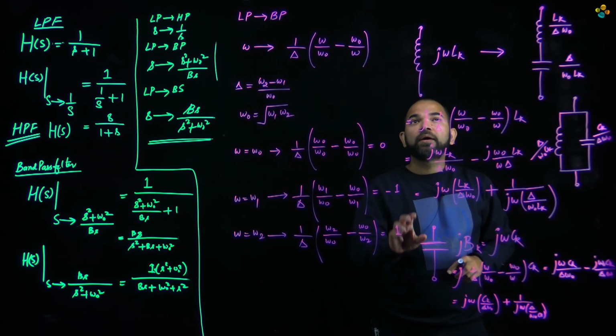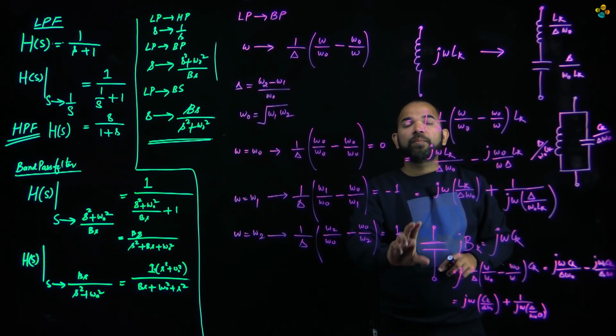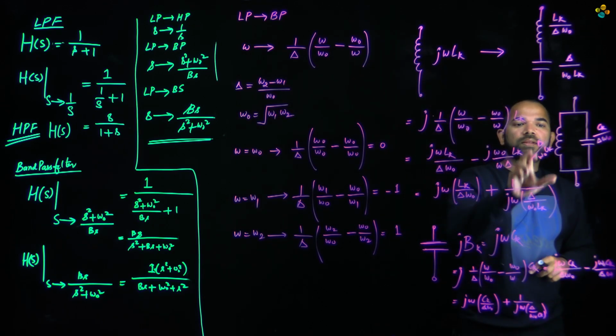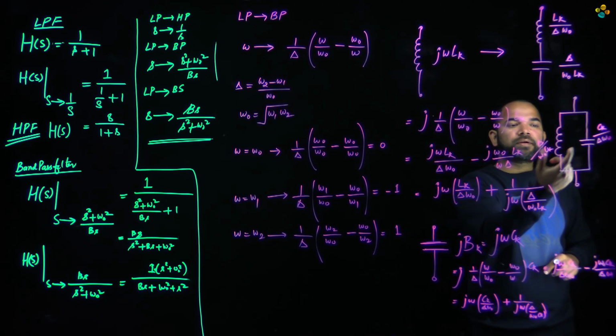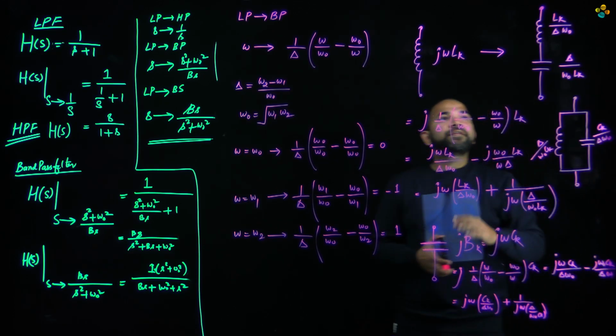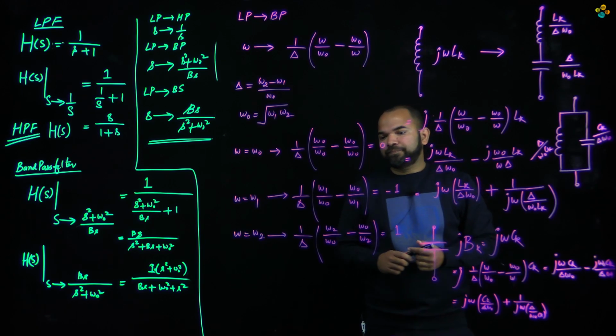Similarly, whenever we have a capacitor in the low pass prototype, we need to change it to a parallel combination of an inductor and a capacitor. So we have seen this transformation and how it results in these equivalent values.